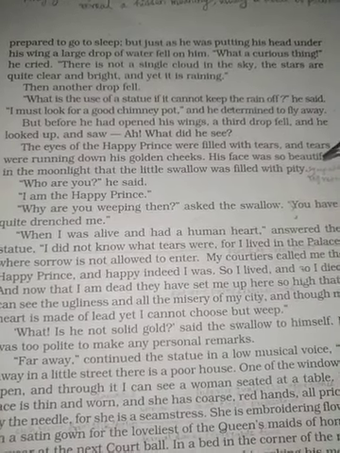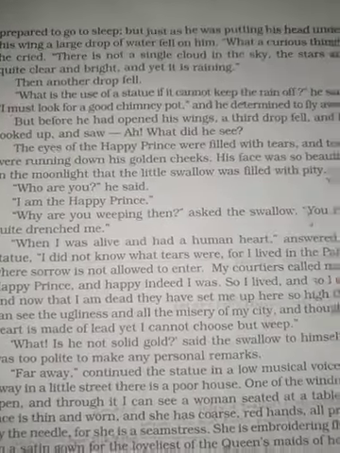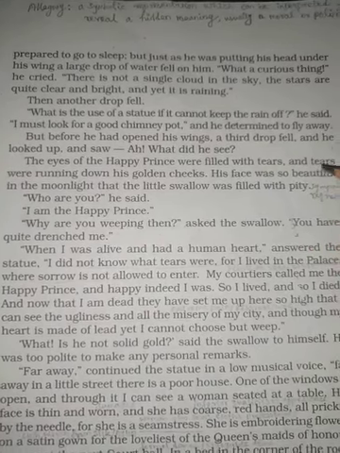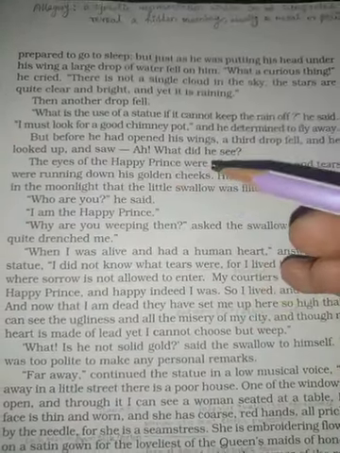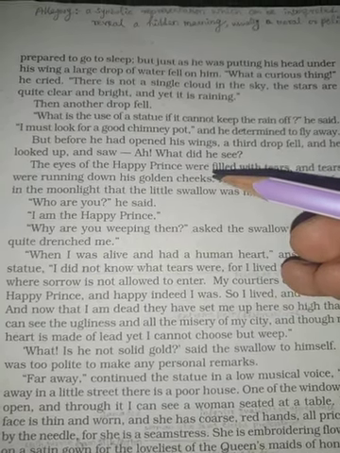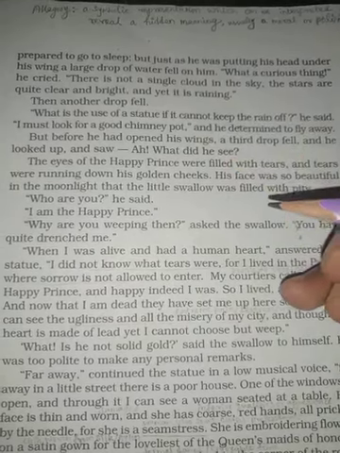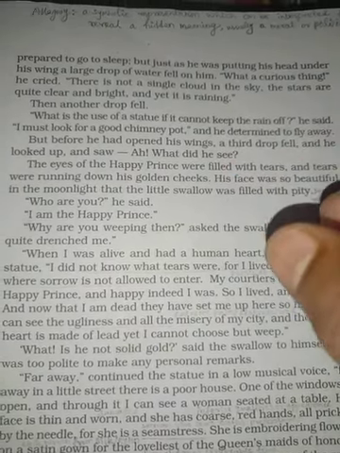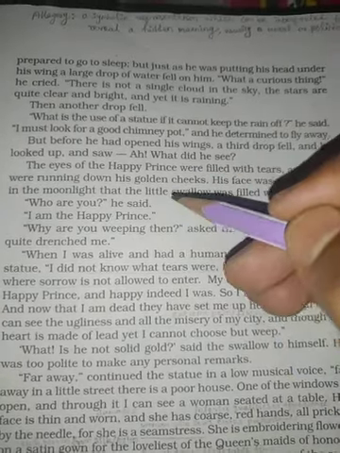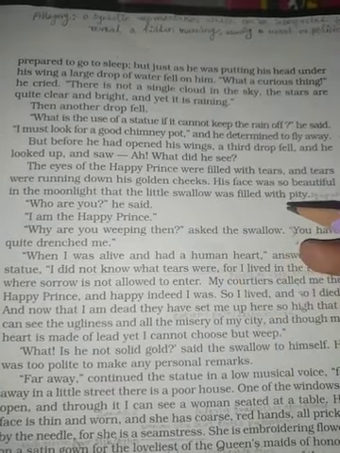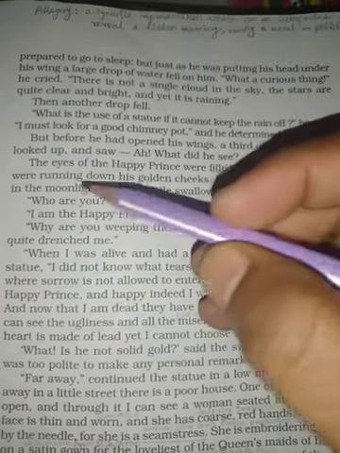Pity means sympathy. The Happy Prince's face was so beautiful in the moonlight because it was all gilded with fine and thin gold leaf. So it was shining, and the little swallow was filled with pity. He had sympathy for the Happy Prince.